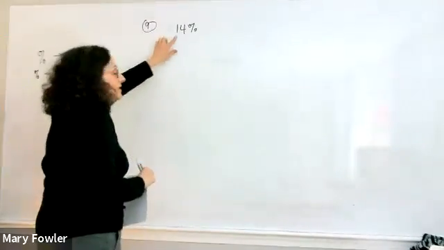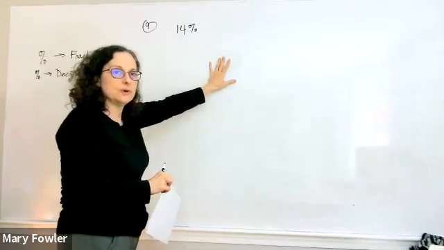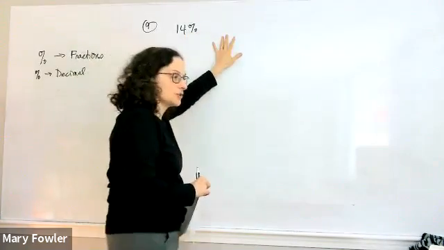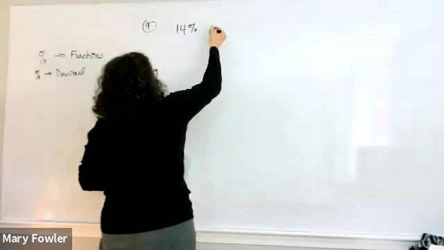So 14%, to transition this to a decimal, we know that we could always go from percent to fractions and then fractions to decimals. So I'm going to show you how that works.